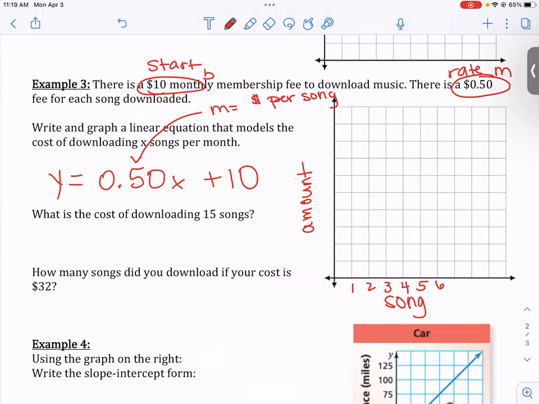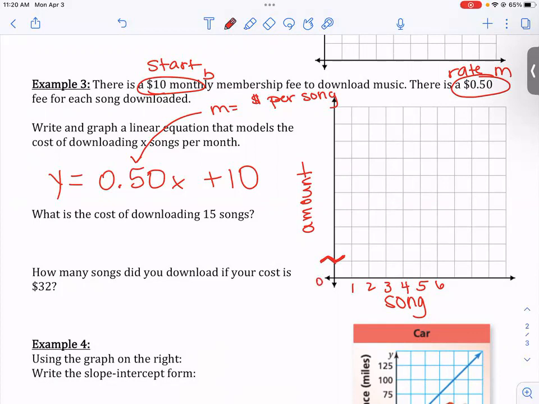Now, since my slope is 50 cents per song, I'd like to count my y-axis by 50 cents. But if I start at 0, am I gonna have enough room? No. So this is what I want you to do. If I make this little symbol, that means I cut out some of my y-axis. And yeah, it starts at 0, but then I cut out some of it.